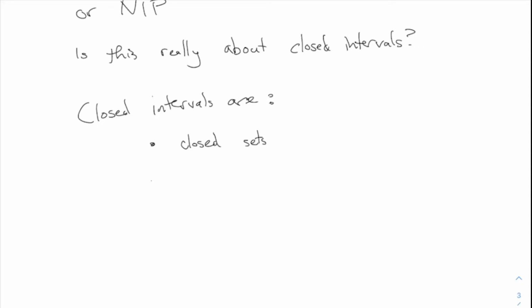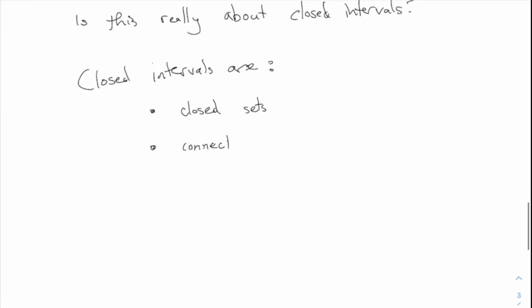Also, closed intervals have two other important topological concepts that we haven't talked about yet. One is connected, which we will talk about in more detail, although I hope you have some idea of what I mean. It's all sort of one piece, not like the Cantor set, which is totally exploded into infinitely many tiny little bits, but a closed interval is connected.